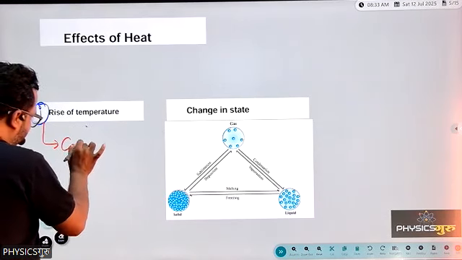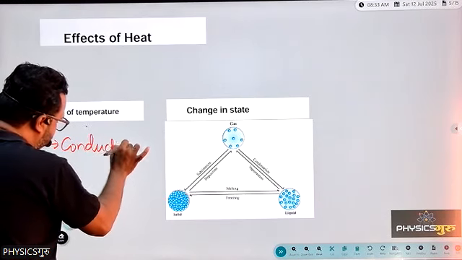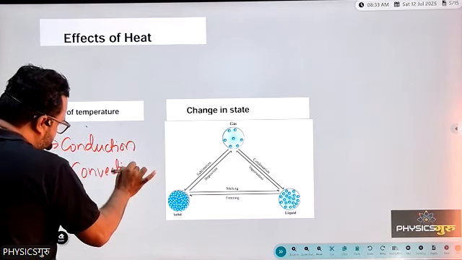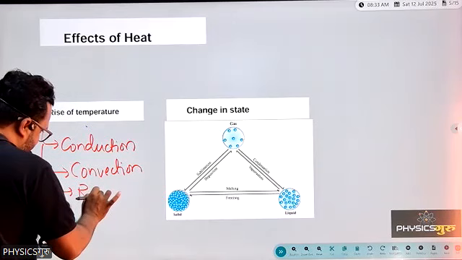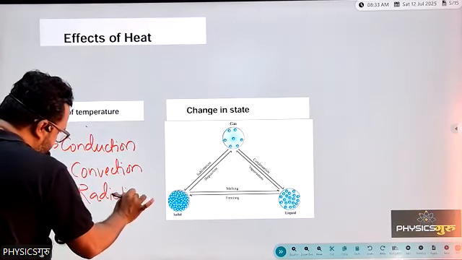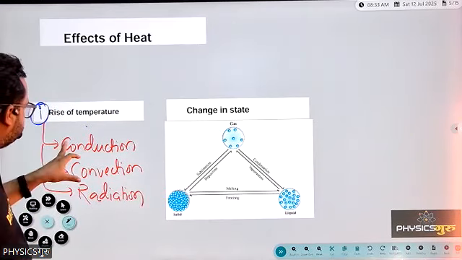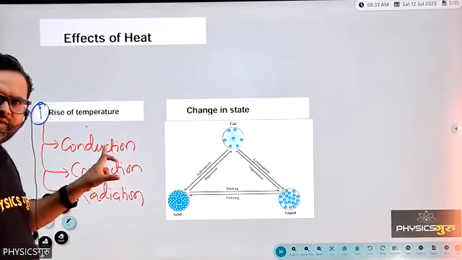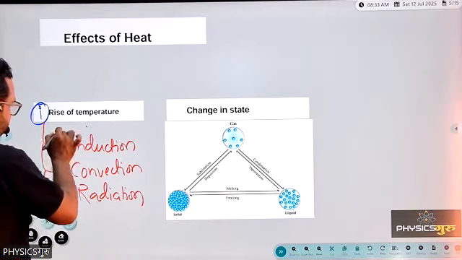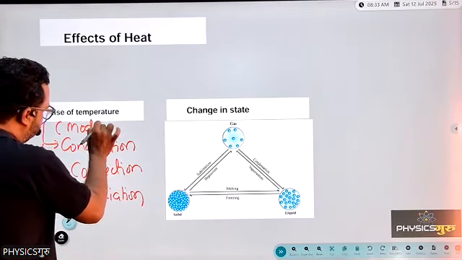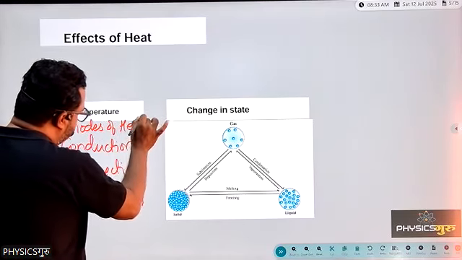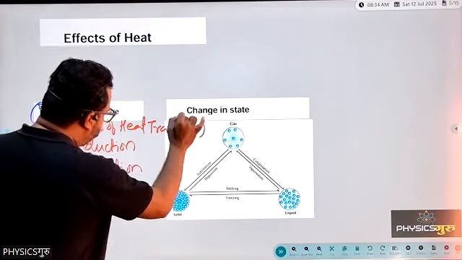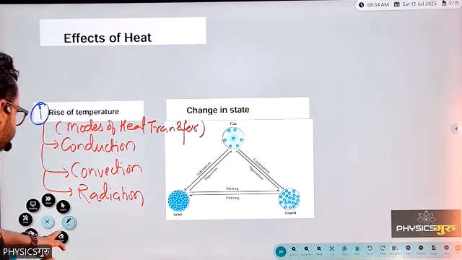First is conduction, second is convection, and third is radiation. We'll study in detail in the next slide. These are called modes of heat transfer.